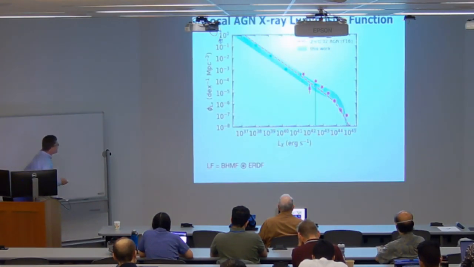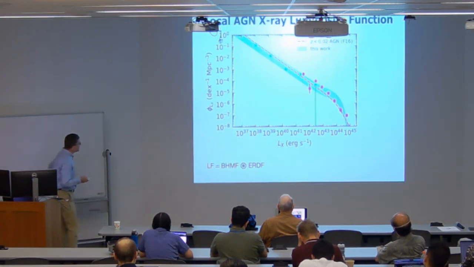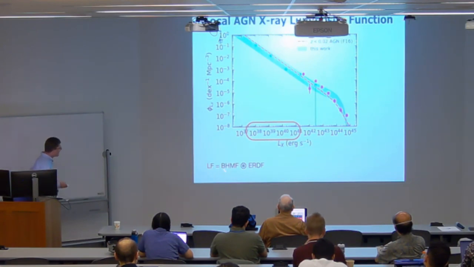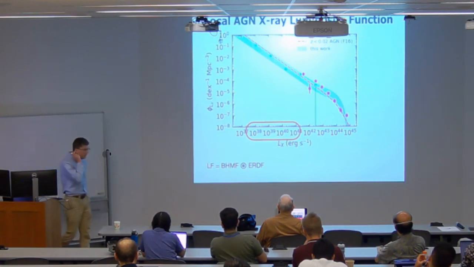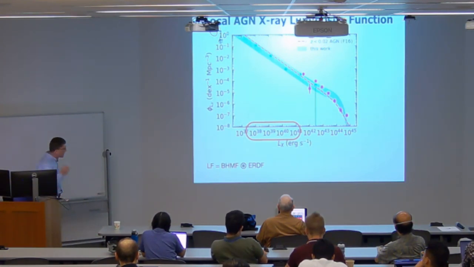So in addition to the occupation fraction, we can constrain the extremely low luminosity end of the X-ray luminosity function, just by convolving the black hole mass function with our inferred Eddington ratio distribution function, which in normal linear regression would be a log normal distribution, right?